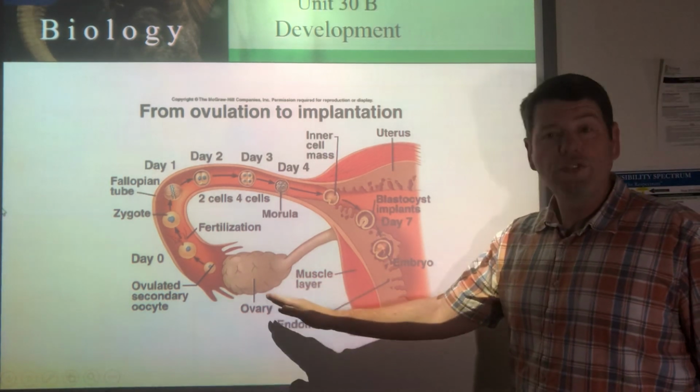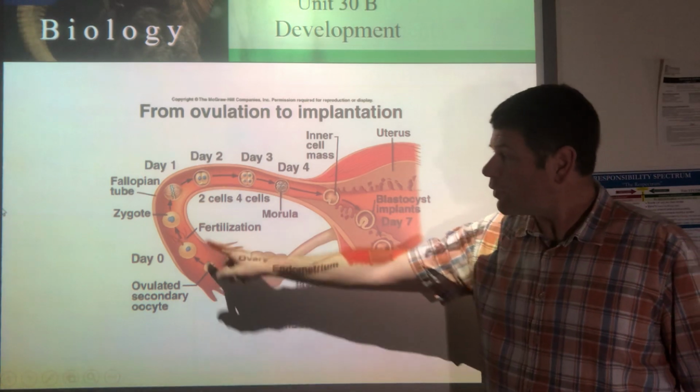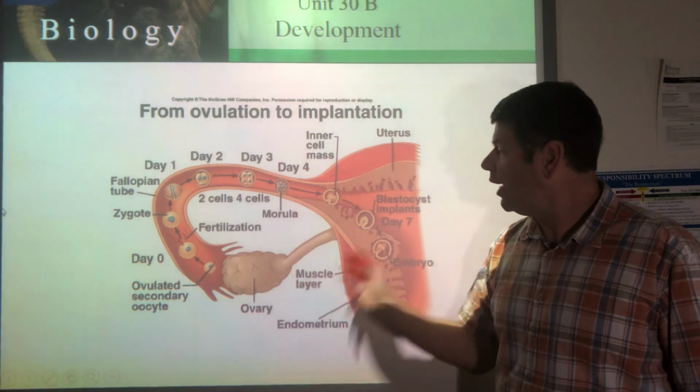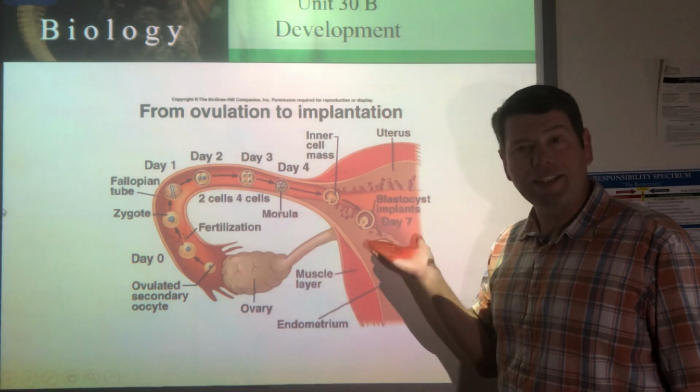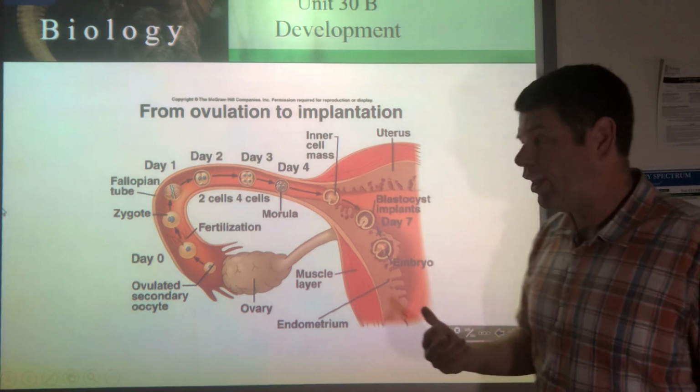So quick overview, guys. It's going to take about a week for the first single cell called the zygote to travel down the fallopian tube and make its way nicely to that pillowy endometrium for it to carry out its further development.